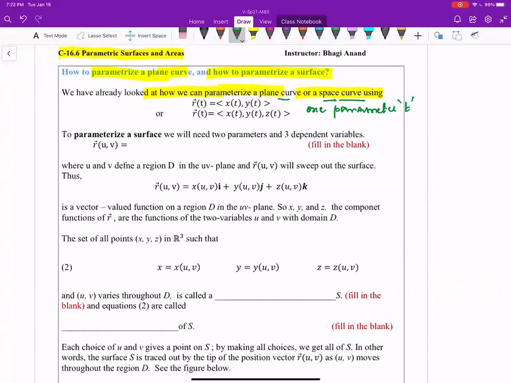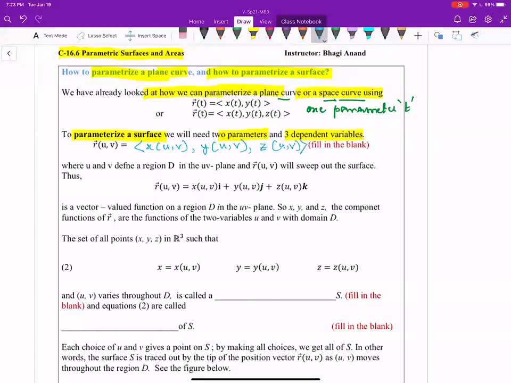Whereas to parameterize a surface, we will need two parameters and three dependent variables. R of uv equal to, we write like this, x of uv, x as a function of the parameters u and v, y in terms of the parameters u and v, z in terms of the parameters u and v.